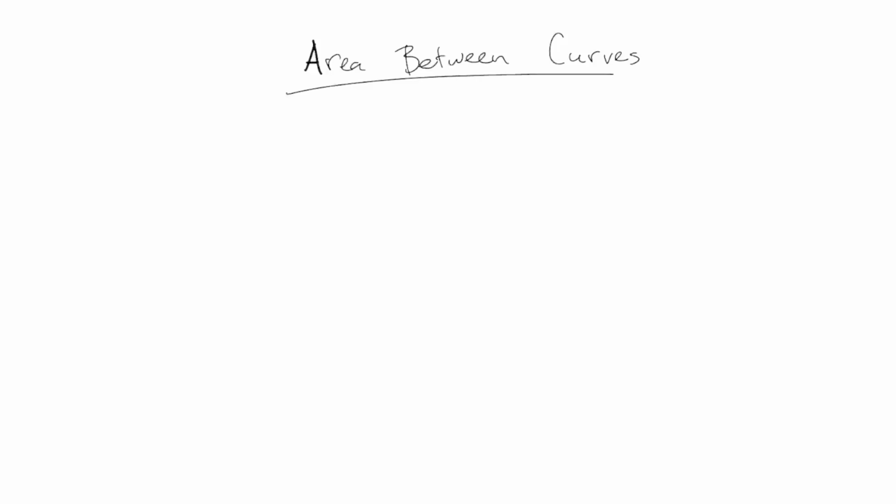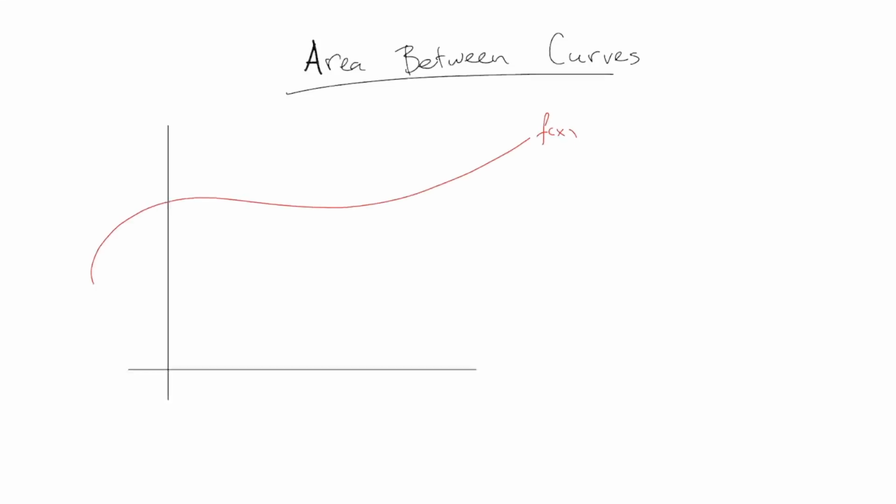What I'm talking about when I say area between curves, I mean something like, if you have two curves on a graph, maybe this is f of x, and then I have g of x down here. The area between those curves means what you think it means. It's this area here, right?